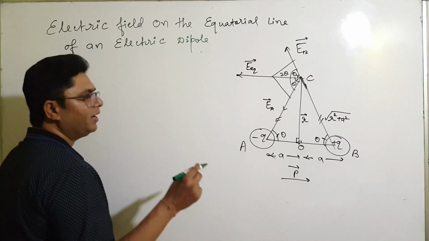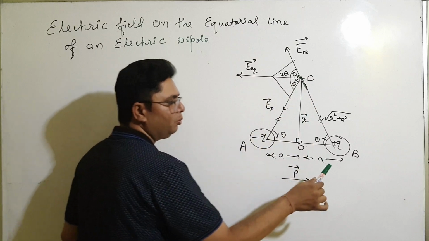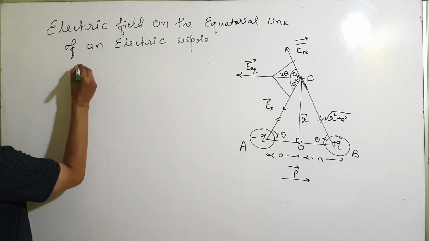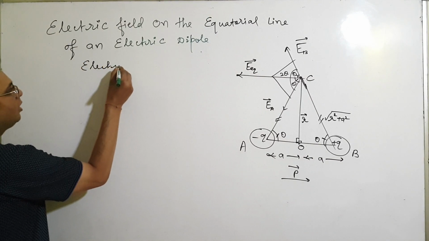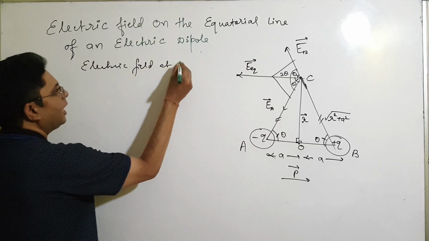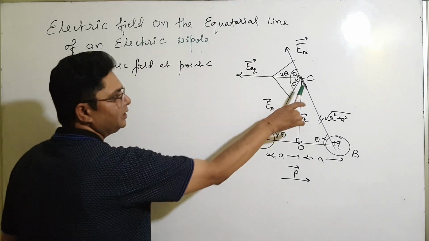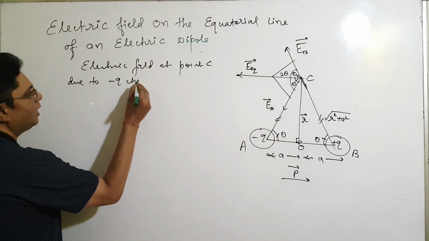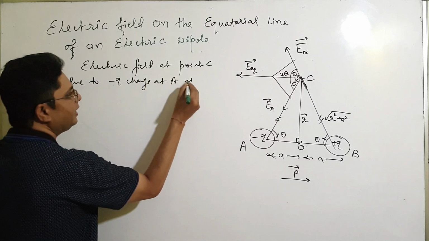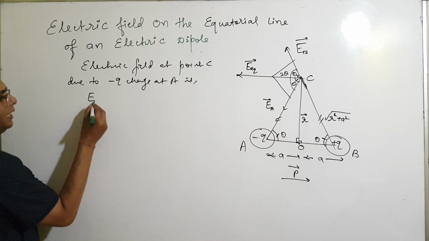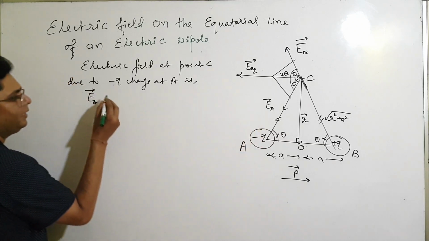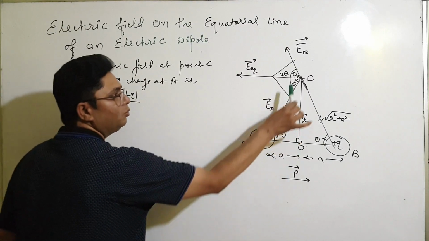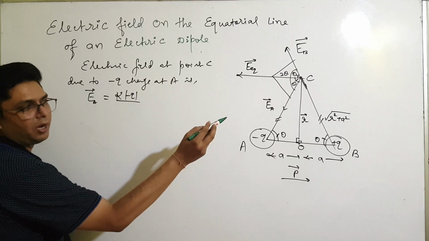First of all, we will find the electric field at C due to plus charge at B and minus charge at A. Electric field at point C due to minus q charge at A is EA, and EA equals K times magnitude of q upon distance A to C. A to C is square root of r square plus a square.